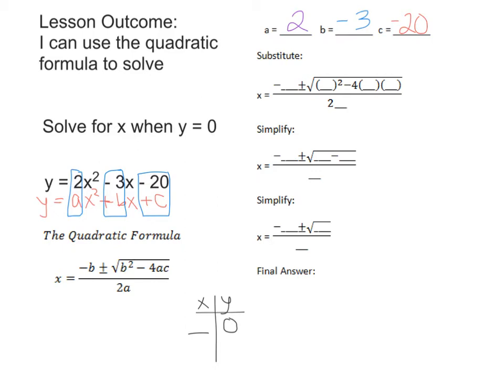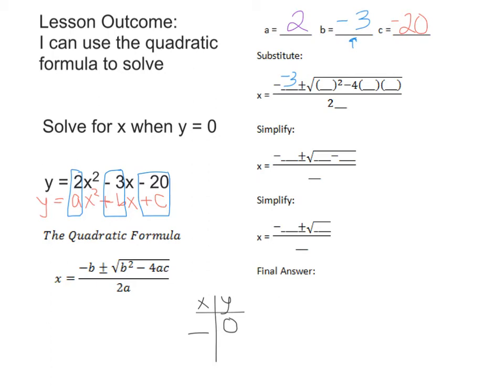Alright, so we have x equals negative b, or the opposite of the b value. Now our b value is negative 3, right? So when we put the negative 3 right here, we do need to include the negative sign. So what it ends up looking like is negative 3, and we'll talk about that more in a minute. So negative 3 goes there.